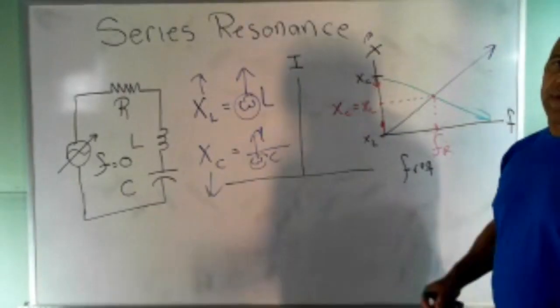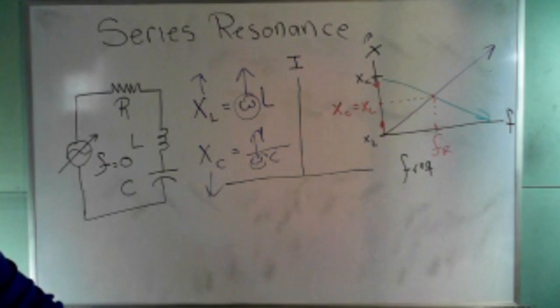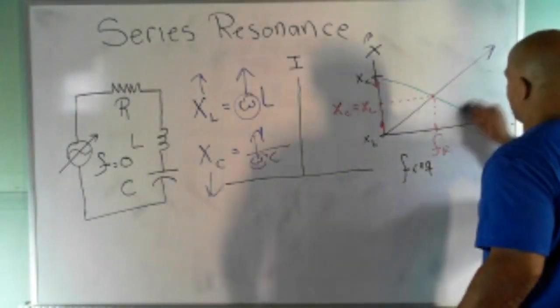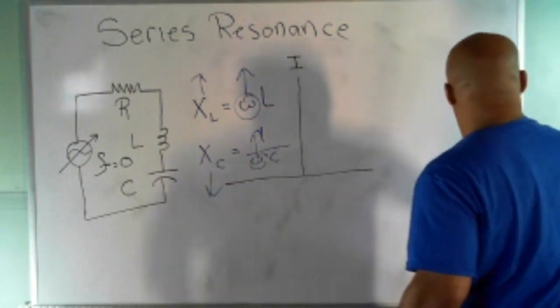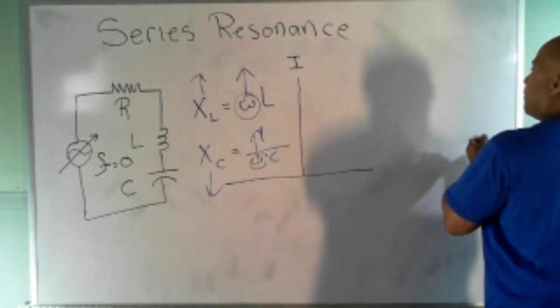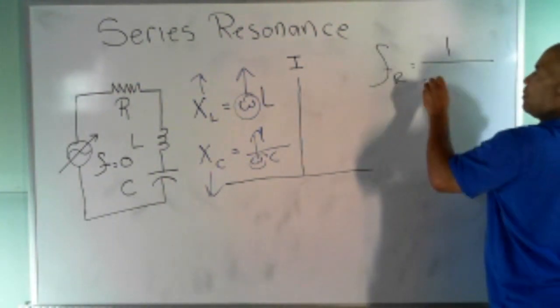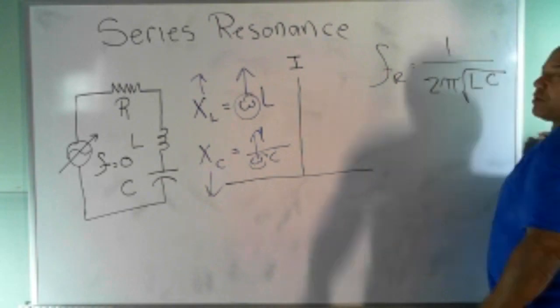We went through and solved that for the resonant frequency, and we ended up with a formula that says the resonant frequency is 1 over 2 pi the square root of LC. So we ended up with that.